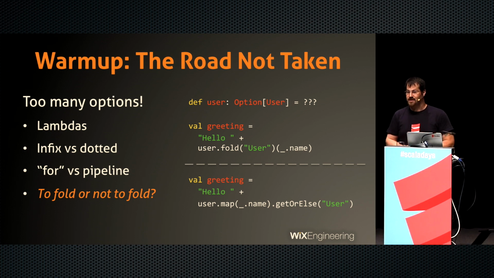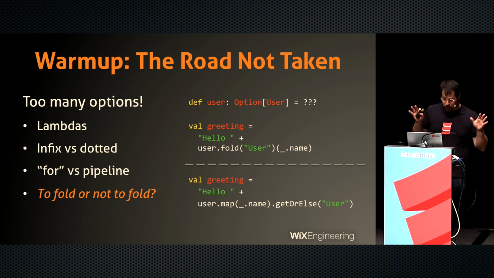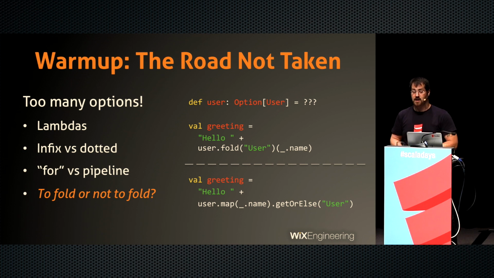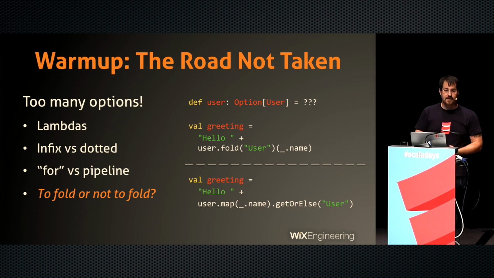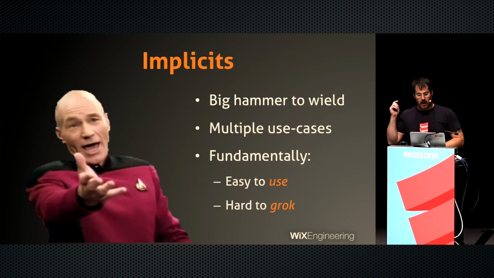But this is a problem for people just coming into the ecosystem. Right, this is a simple warm-up example of the sort of problems that people face when just trying to get into Scala for the first time, once again, as blue-collar, everyday software developers. Let's take a look at some more critical issues.